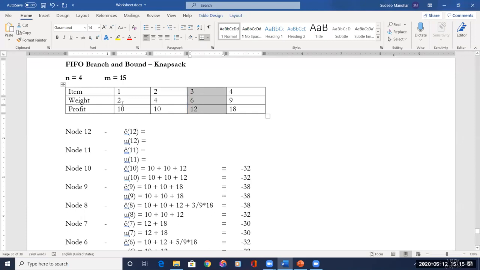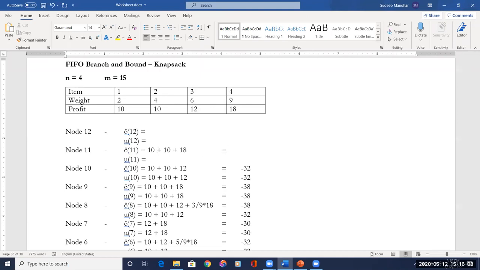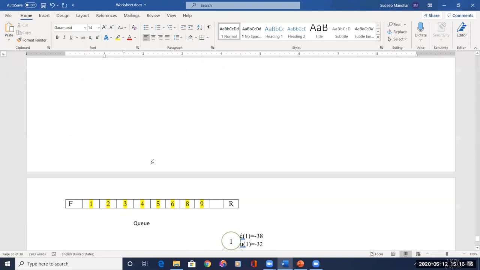M is 15. Therefore, you can consider all 3 items fully. That is 1, 2, and 4. 10 plus 10 plus 18. It is minus 38. This is with fraction. Without fraction also we will get the same, because there is no fractional part in this. Minus 38 and minus 38.